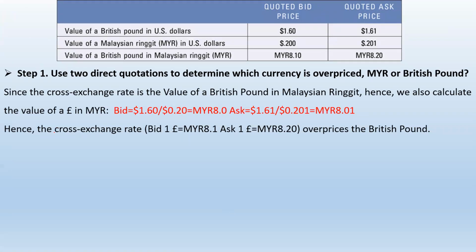If we use the bid price, the implied cross exchange rate for 1 British pound is 8 MYR. If we use the ask rate, 1 British pound should equal 8.01 MYR. Those are the implied cross exchange rates.